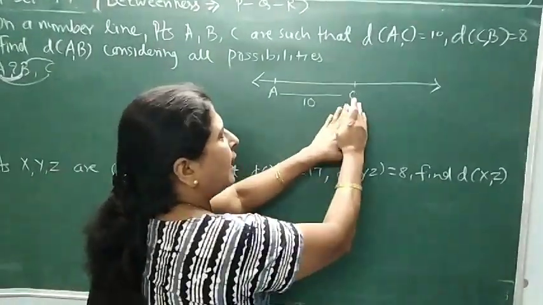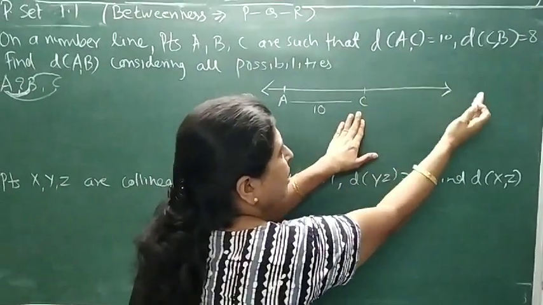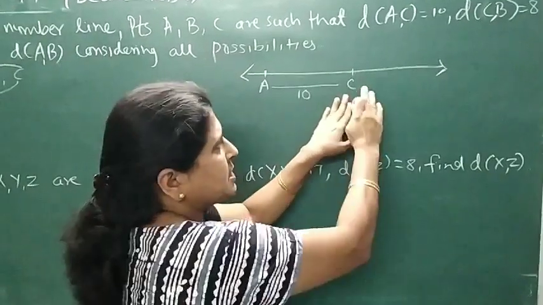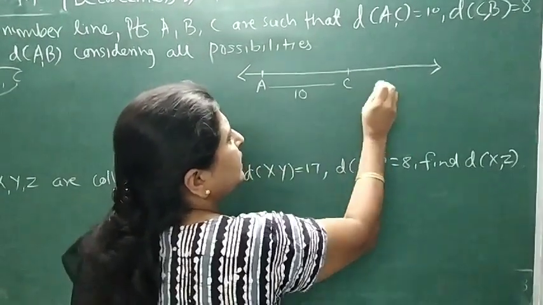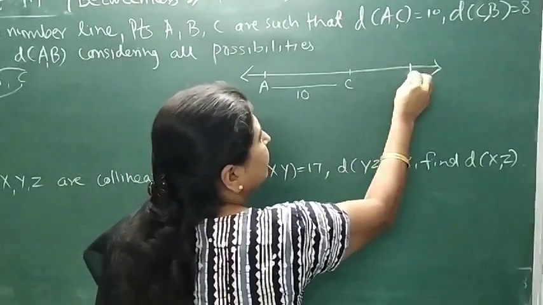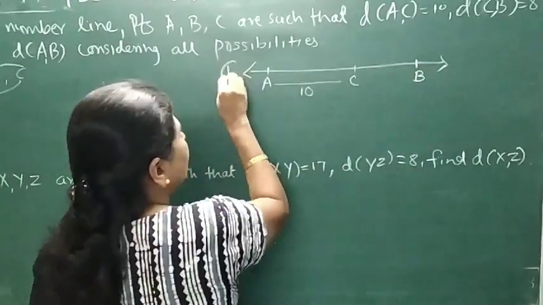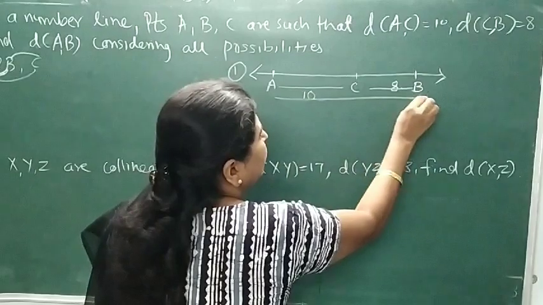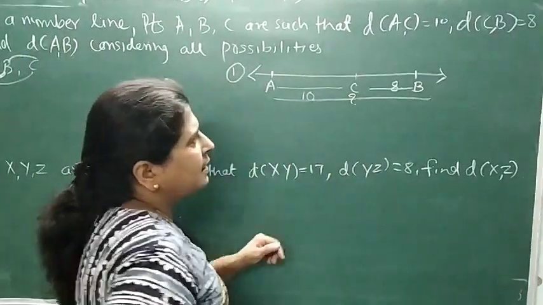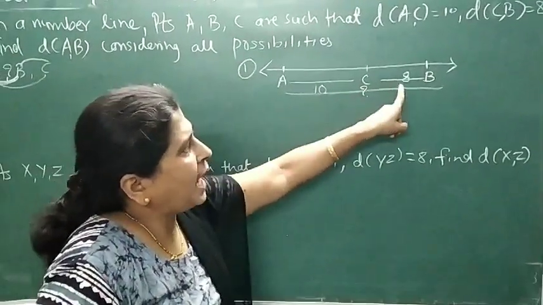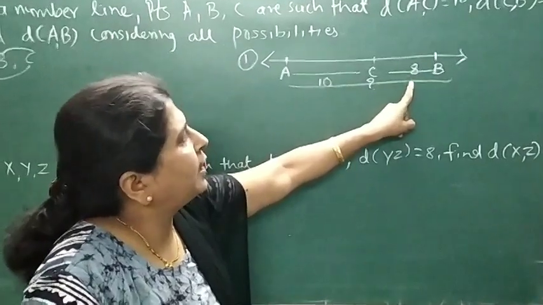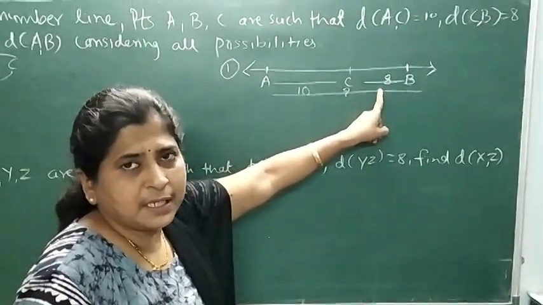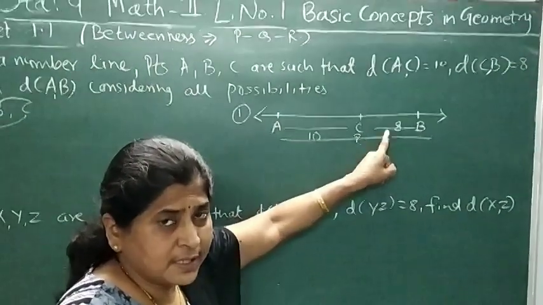Now B can lie either on the right side of the C, means after this. So in this case, suppose B is lying somewhere here, case 1, and suppose this is 8, in that case what will be distance between A, B? Certainly, here we have to add this 10 and 8 to get A and B, it means 18. So this can be the first situation.